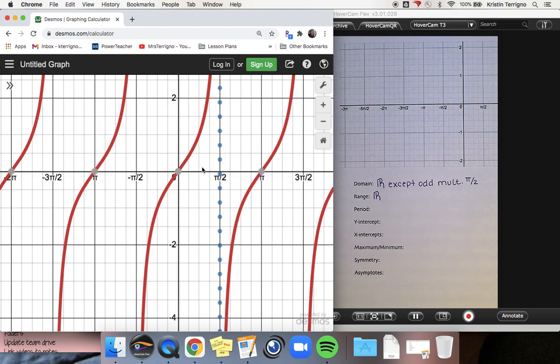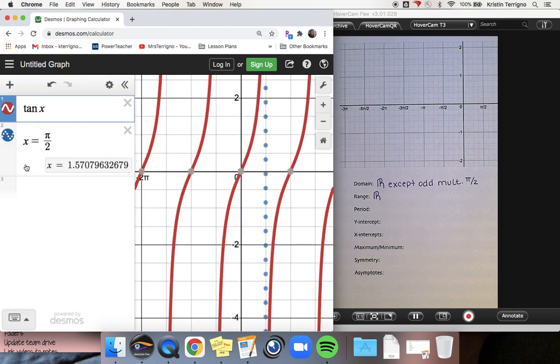You could also look at it from pi over 2 to 3 pi over 2. That is a distance of 1 pi, and so this one red line right here represents one full cycle of the graph. Or maybe it's easier to think about it as negative pi over 2 to positive pi over 2. Let me do this real quick.